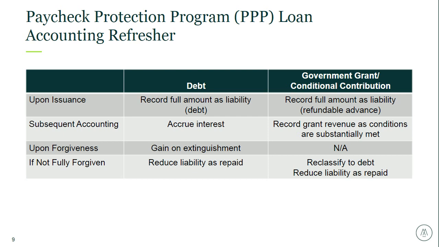And then the uniqueness for PPP loans obviously comes with the fact that it can be forgiven. And hopefully any of you who have PPP loans out there do get full forgiveness. If you account for it as a debt, then you would record a gain on extinguishment once it's forgiven. And we will talk about specific accounting and presentation for that gain here in a second.